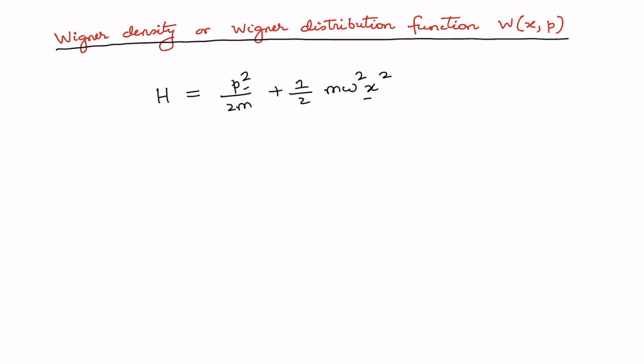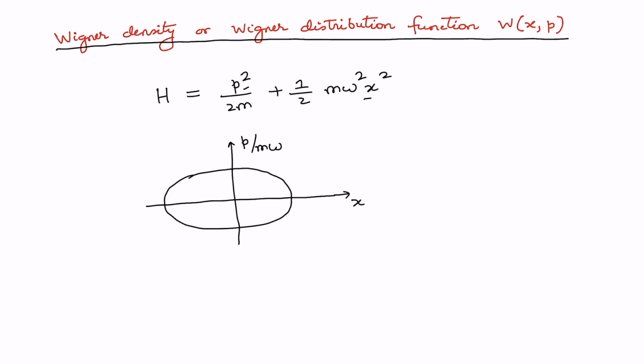Most of you are aware that in phase space the dynamics of a harmonic oscillator is represented by such a plot, where on the vertical axis we have, say, p by m omega, and on the horizontal axis we have x. The phase space plot for a harmonic oscillator for a given energy E would be represented by an ellipse.